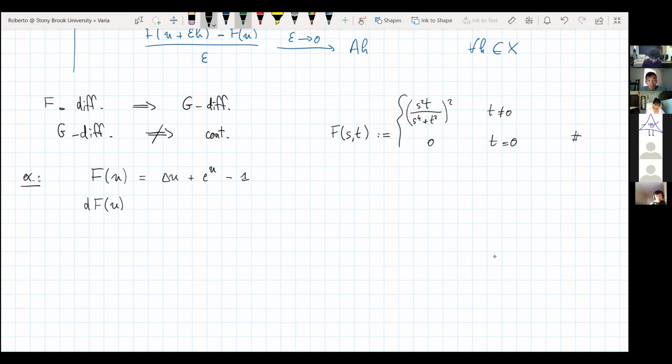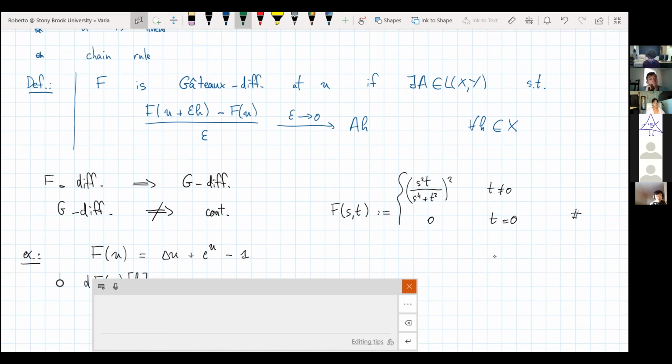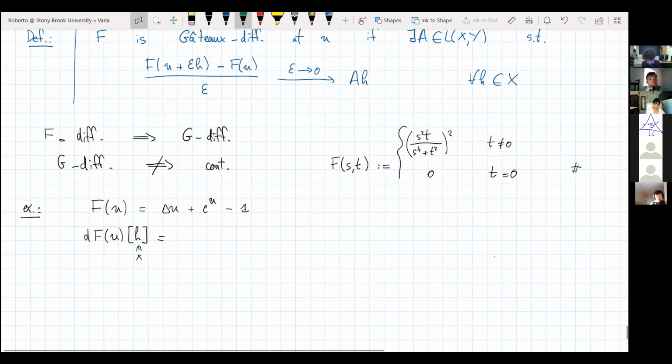This is a linear operator, so we need to apply that to some element h in X. I can already tell you that this is Fréchet differentiable. And so you can actually compute it using the increment ratio, because it is also Gateaux differentiable. And the two differentials, of course, coincide by uniqueness.